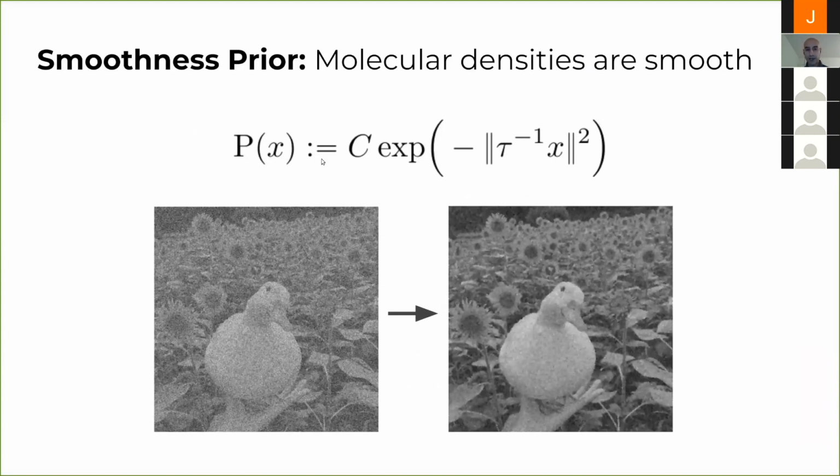So if we apply this type of prior, and this is the reason why it is sometimes called the smoothness prior, because it's based on the prior assumption that your reconstructions should be more smooth. And so we're saying that molecules or this image of this duck should be smooth. This is what we a priori can assume.